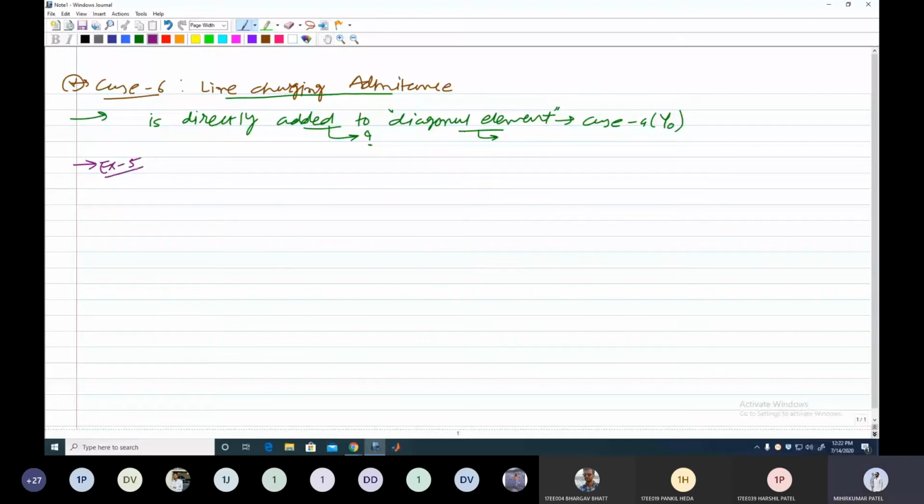Yes, example number 5. Formulate Y-bus matrix for the given network.